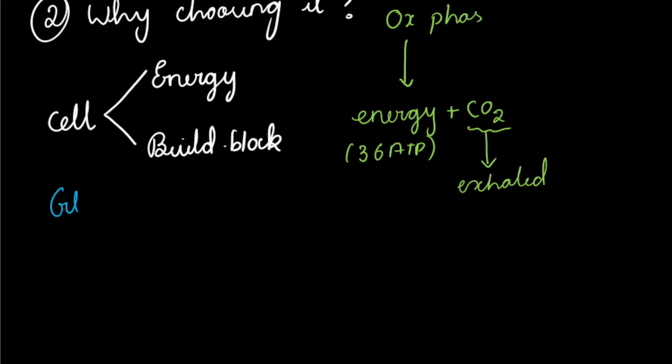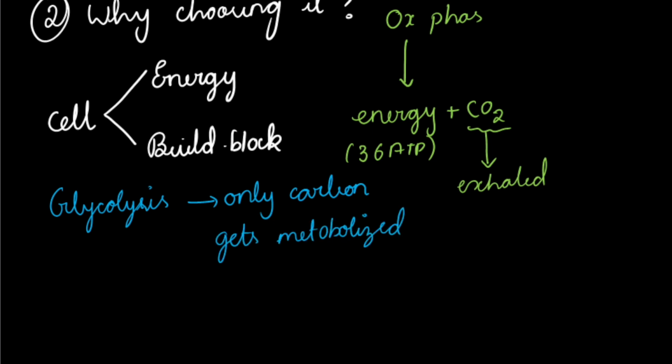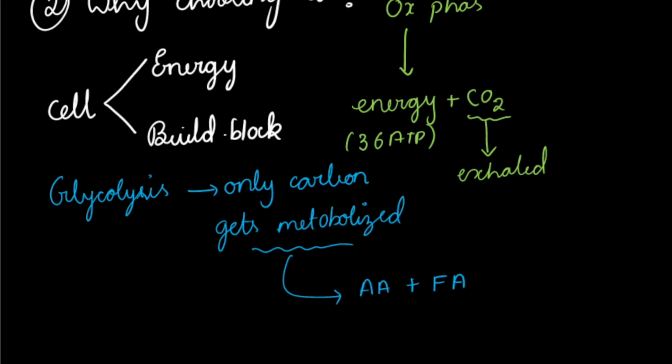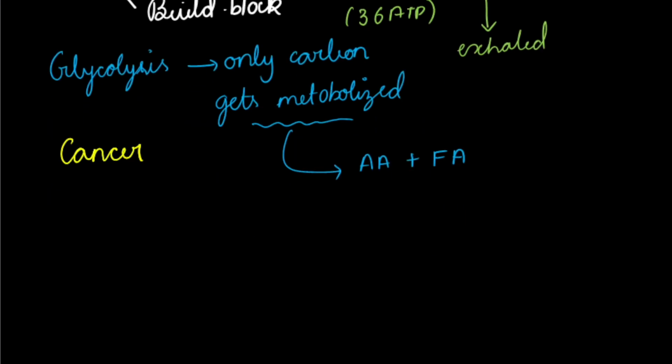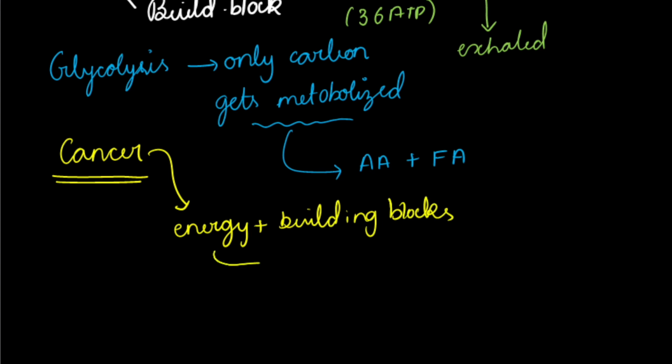But in glycolysis, only some of the carbon gets metabolized, and the leftover carbon goes to the formation of amino acids and fatty acids. Cancer cells are rapidly growing and require a lot of energy along with building blocks. This can be obtained only if the cancer cells choose the glycolysis pathway. So this is the answer for our second question of concern.